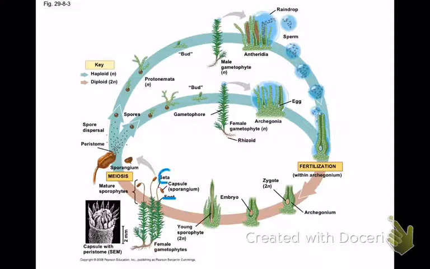The stalk-like structure is the seta, and then at the terminus of that seta, you have the capsule, and inside the capsule you're going to undergo meiosis to form new spores. And then the life cycle will continue. So the key thing about this life cycle is you've got separate haploid generations, the gametophytes, and a separate diploid generation, which are the sporophytes.